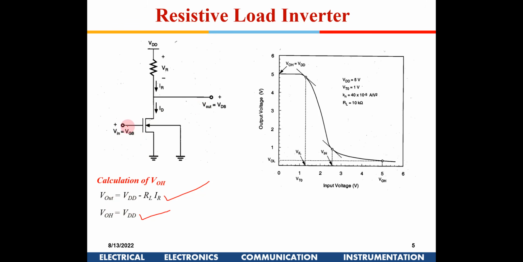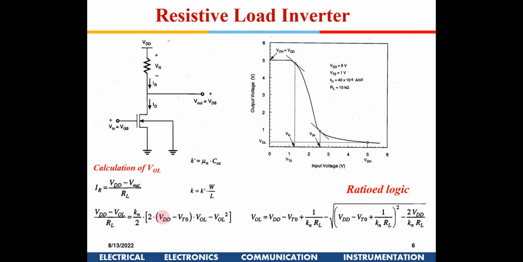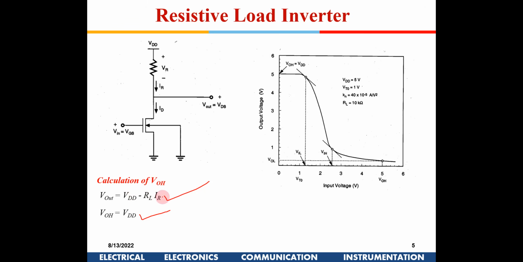That is when we are not giving an input. So for VOH there is no issue. This is for computation of VOH. When the transistor is off, you have VOH equal to VDD, since no current is flowing here. So we can assume we are getting full voltage out here. So that is one condition.